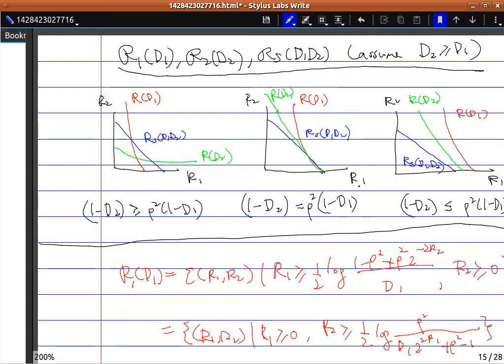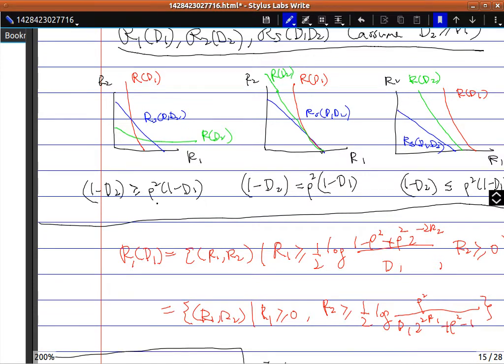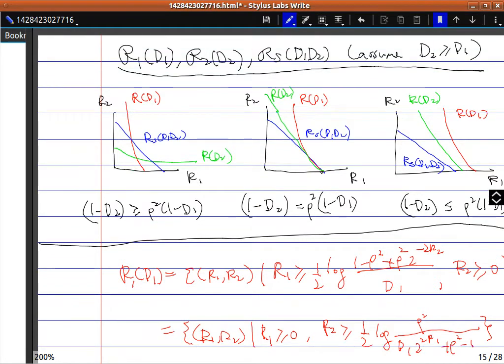If I have 1 minus D2 less than or equal to this side here, I will have this RD1 move to the left. And if I have the other way around, I have this RD1 move to the right. So for that case, I will have these three overlap here, and then the intersection of the region will correspond to here.